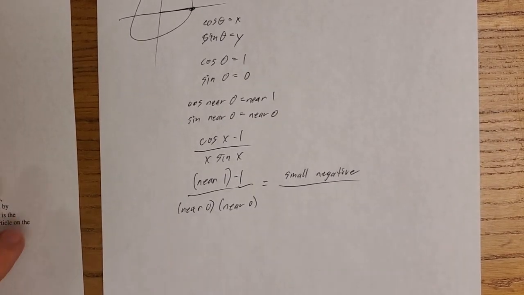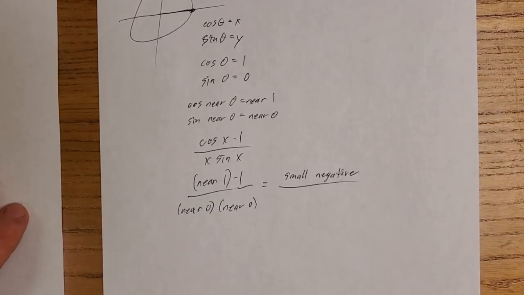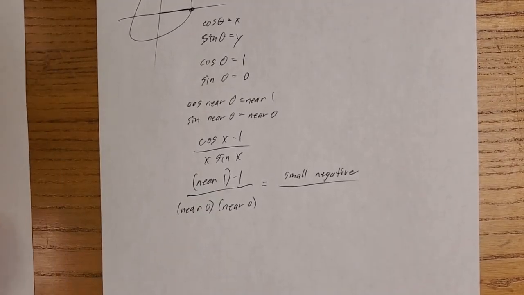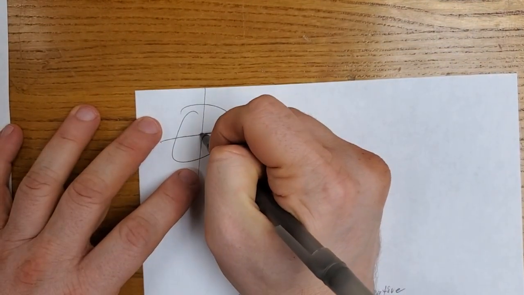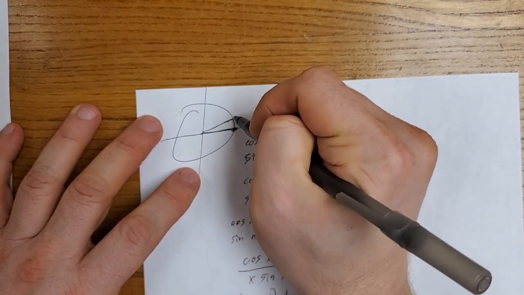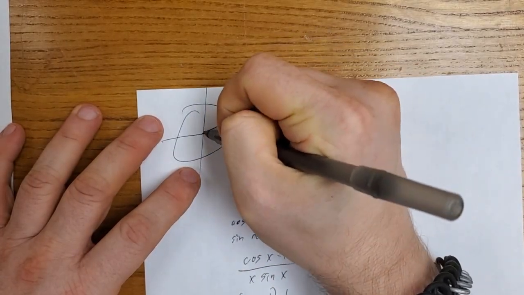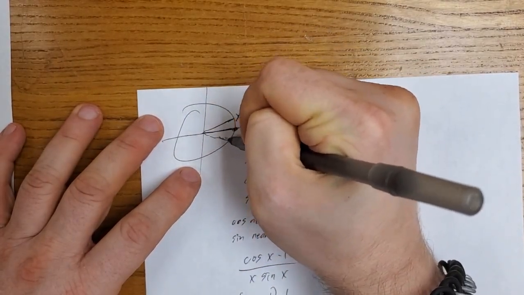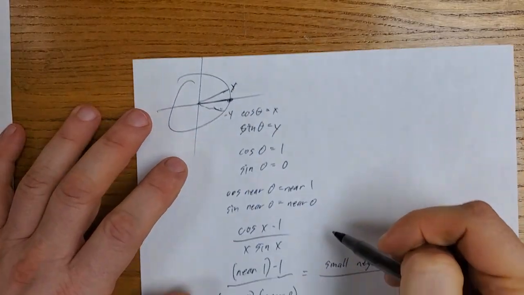two very small numbers, and the little trick here is they're either going to be both positive or both negative, because if we're near 0 in this direction, you have a positive y value, but if we're near 0 in this direction, in the negative direction, you have a negative y value.